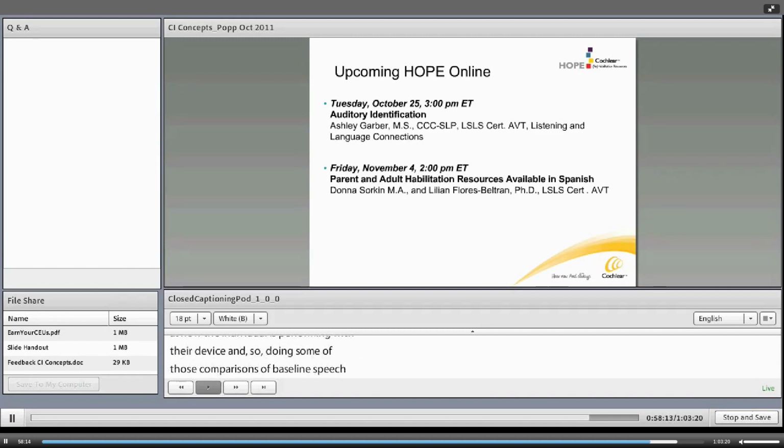And one of the other key aspects that are looked at, especially with problems that may not be as clear-cut, is to look at how the individual is performing with their device. And so doing some of those comparisons of baseline speech perception measures and where they are performing currently to help with the evaluation of whether that device is operating appropriately or not.